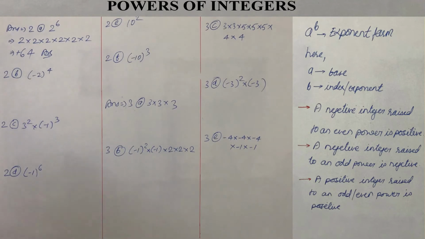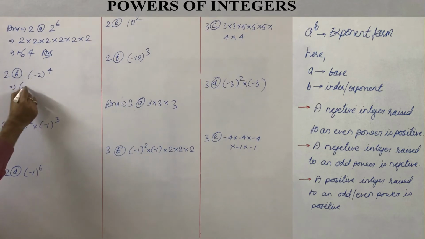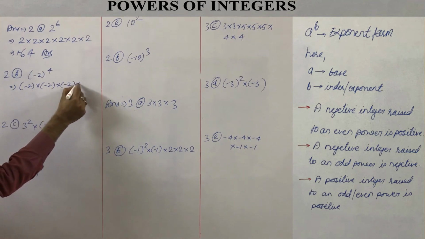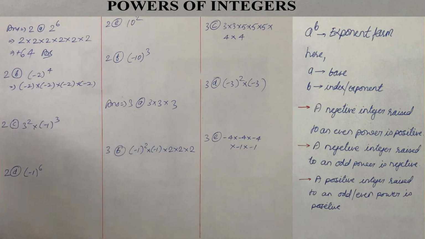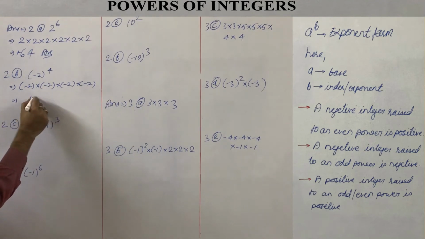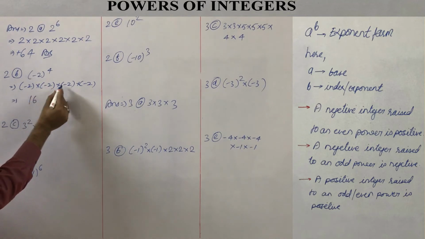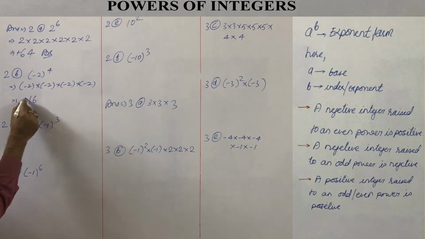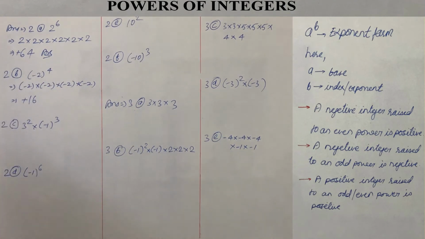Part B, minus 2 to the power of 4. So minus 2 into minus 2 into minus 2 into minus 2, 4 times minus 2. So the answer is 2 into 2, 4, 4 into 2, 8, 8 into 2, 16, with minus into minus plus, plus into minus, minus, and minus multiplied by minus plus, plus 16.